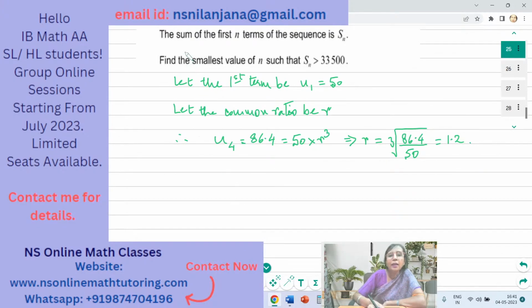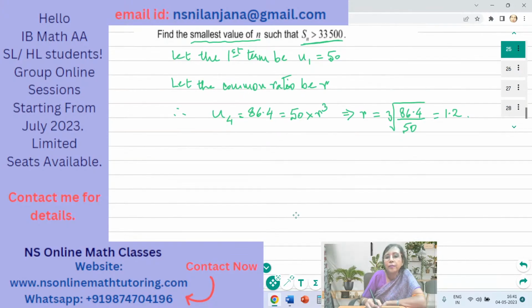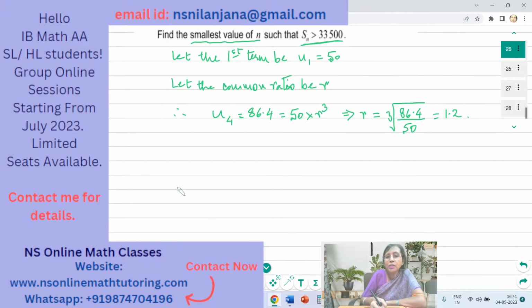Now they are saying the sum of the first n terms of the sequence is Sn, and find the smallest value of n such that Sn is greater than 33,500. Okay, so what is the formula for Sn?